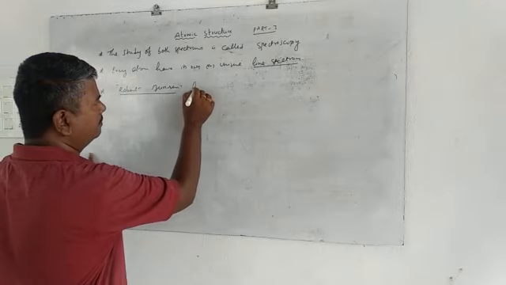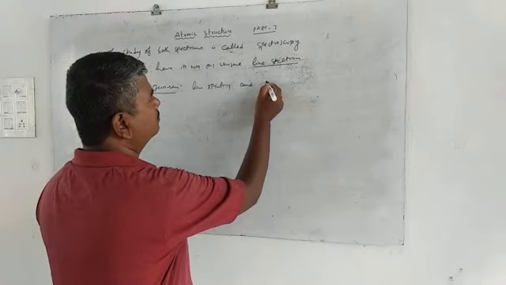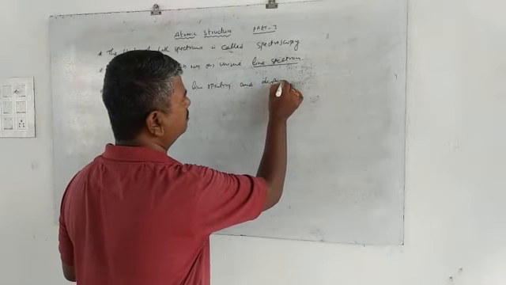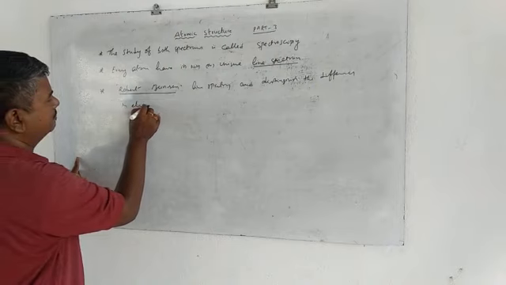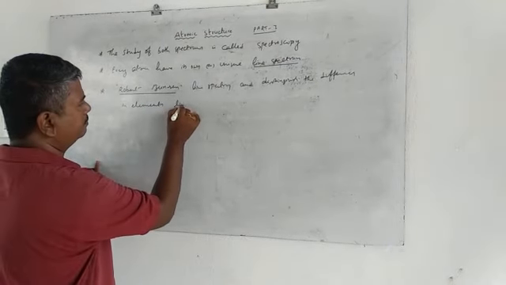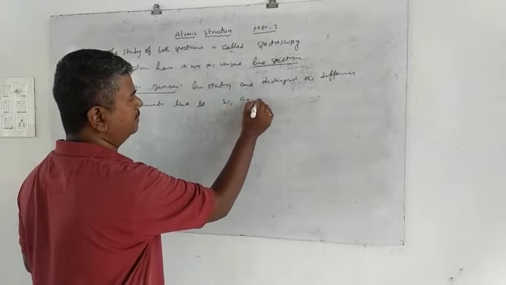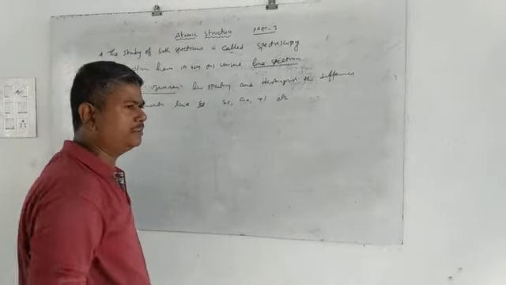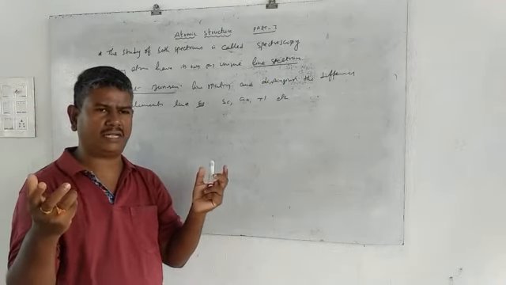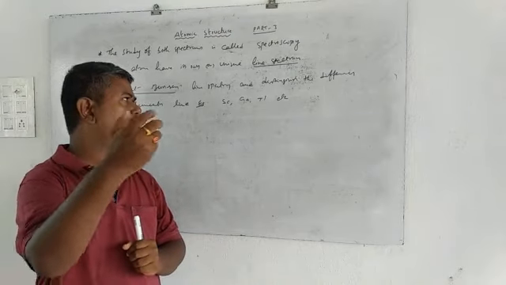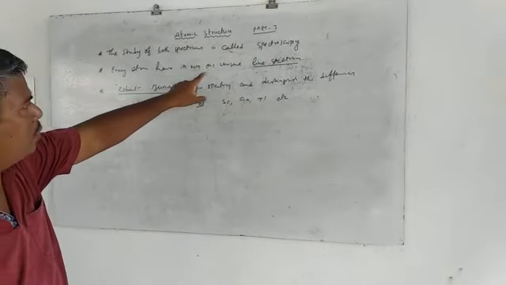He studied the line spectrum and distinguished the difference in elements, for example scandium, gallium, thallium, etc. That means on the basis of atomic line spectra, he studied the different kinds of elements like scandium, gallium, thallium.